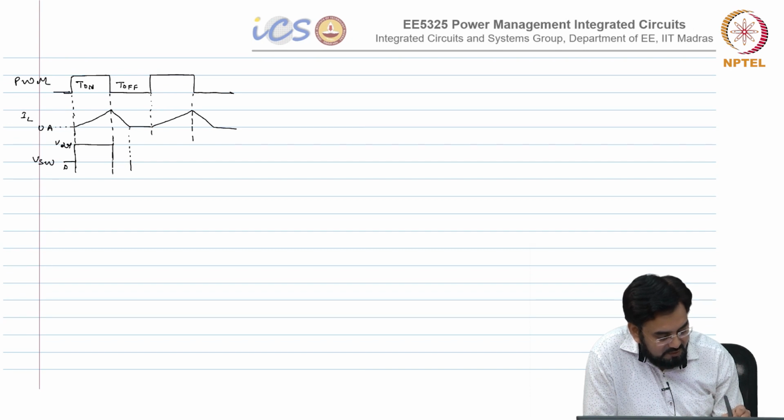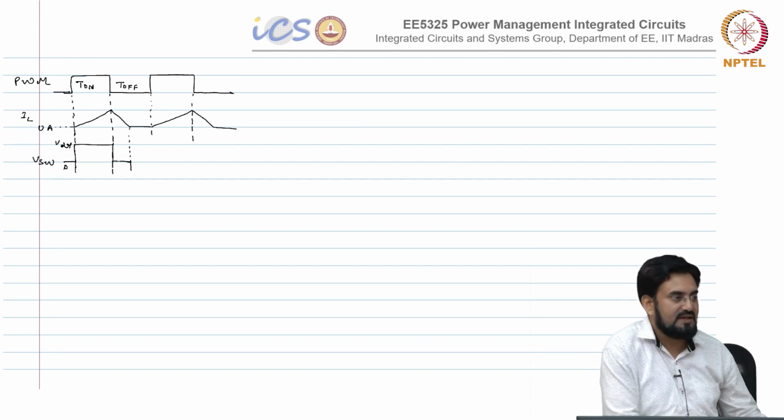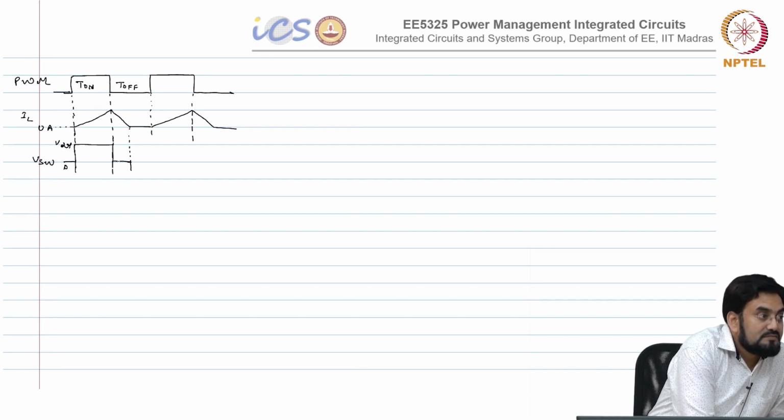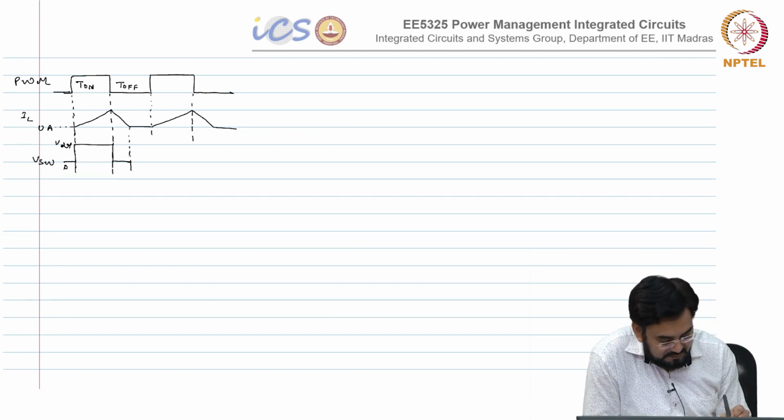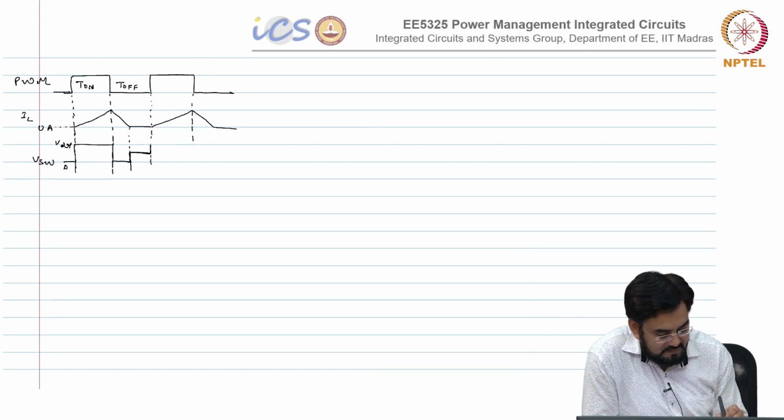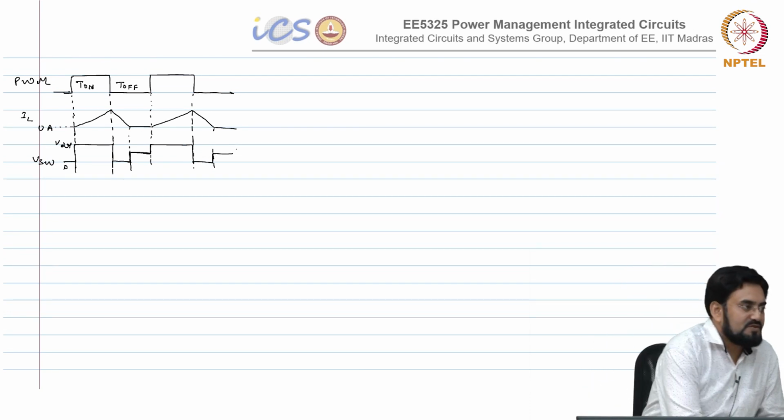What would happen here? It will remain low or go somewhere else when current goes to 0. Where will it go? V out, because that's a high impedance. That is how waveform looks like.